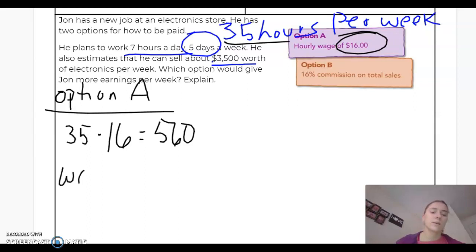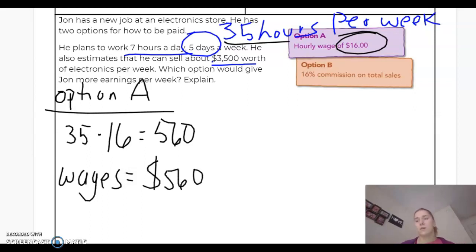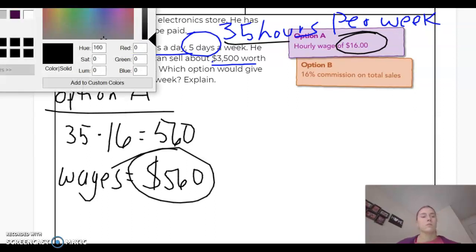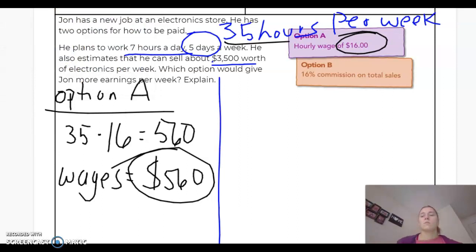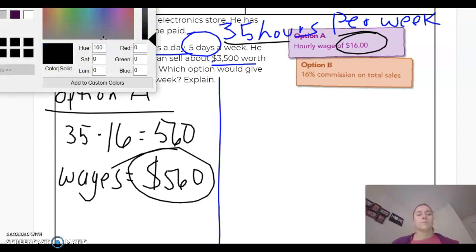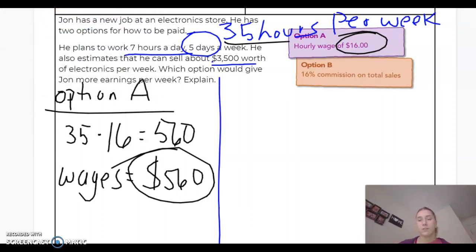So the total wages there is $560 that he is making that week. So that's it. That's all we have to do there because he's not basing it off of commission. It's solely based off of the wages that he makes.